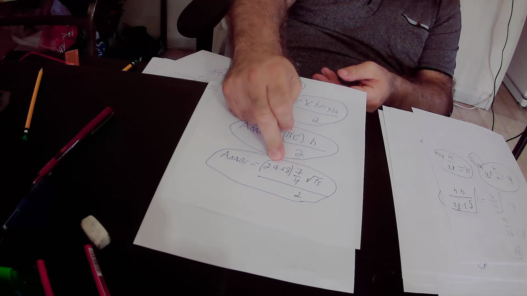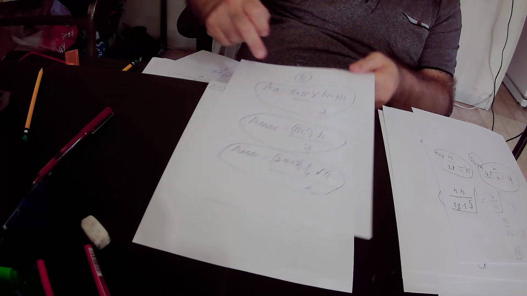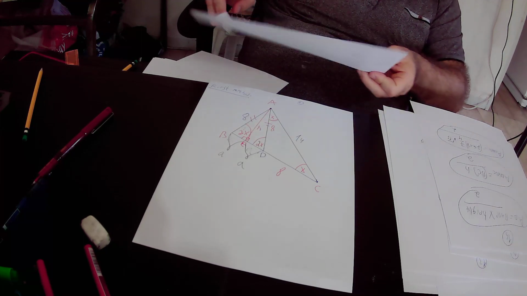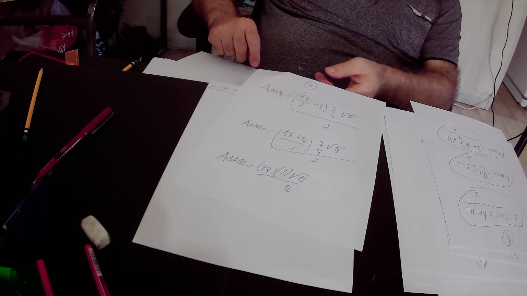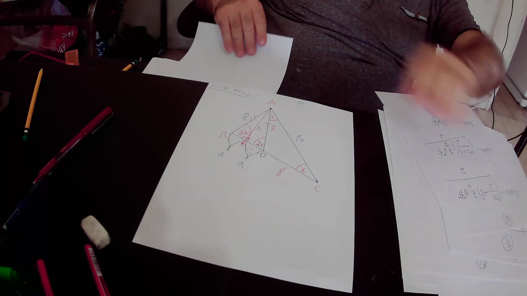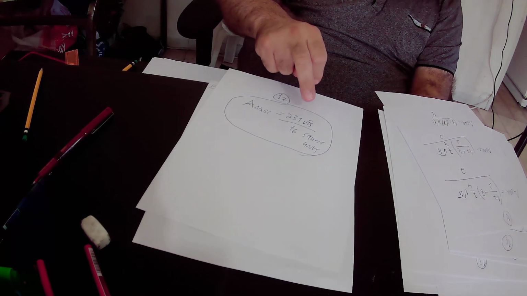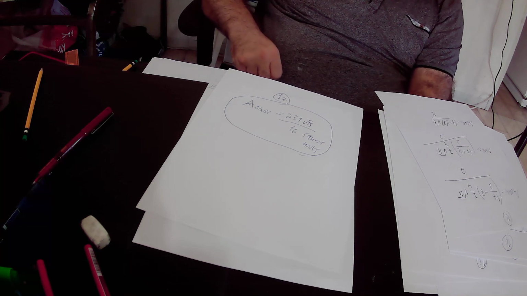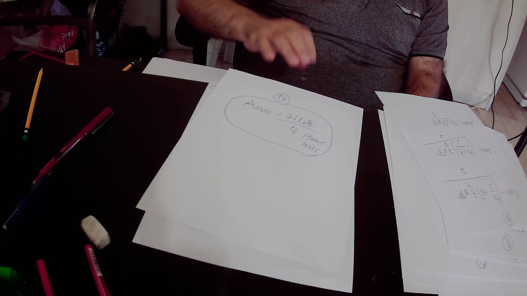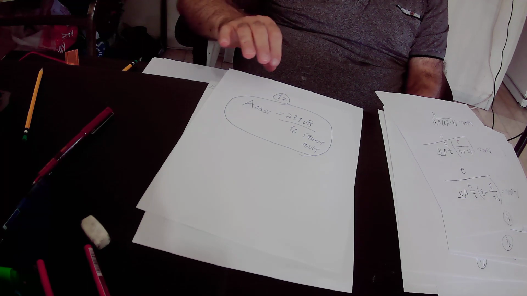We put the data inside this equality, and we found out that the area of triangle ABC equals 231 times root 15 over 16 square units. So we found the area of triangle ABC according to method number 1.